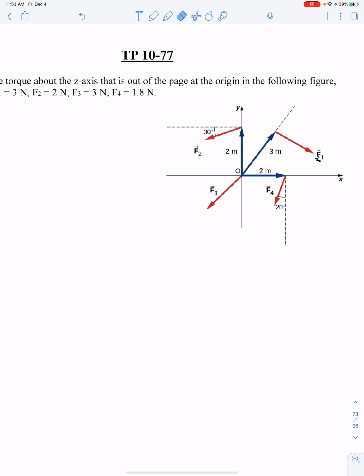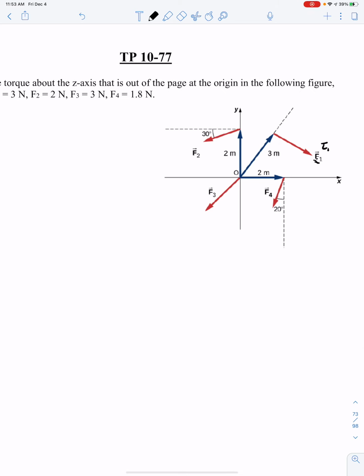actually let me just erase this really fast and say this is torque 1, torque 2, torque 3, and torque 4. With torque 1, I'm going to write down the equation. Torque 1 is equal to the cross product of the radius r1, or the distance 1, cross product F1. We can rewrite it, since it's already 90 degrees, as torque 1 equals r cross product F sine of 90 degrees.